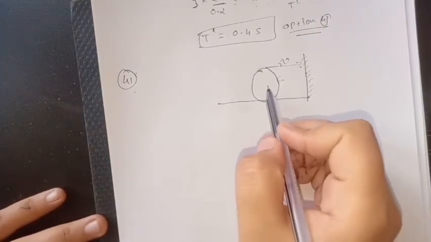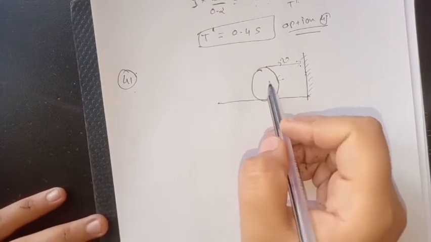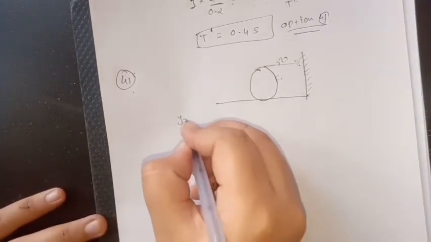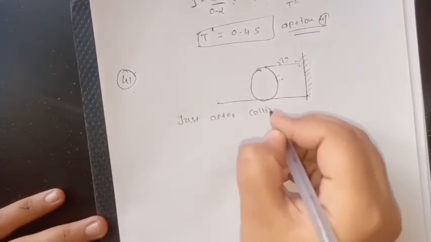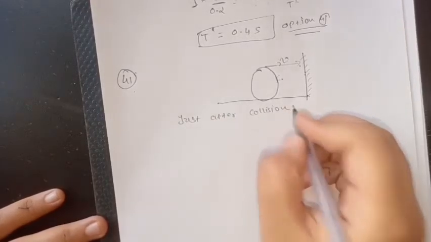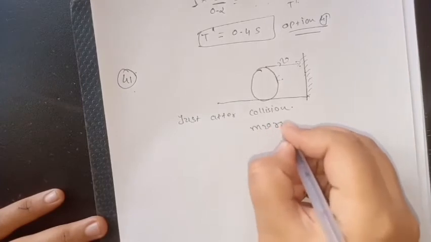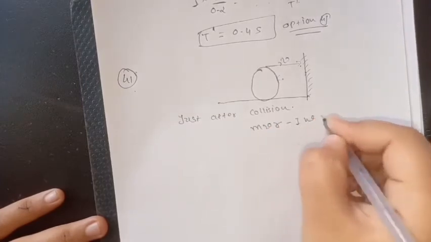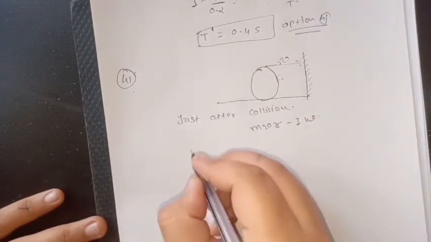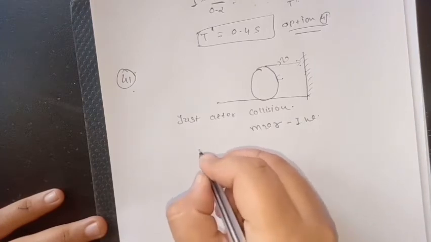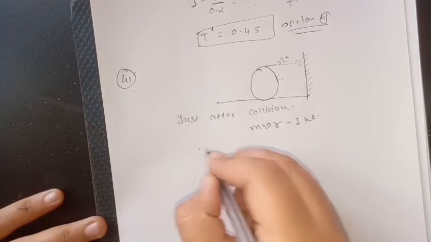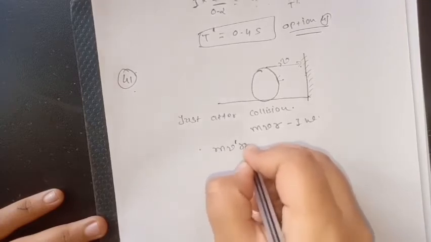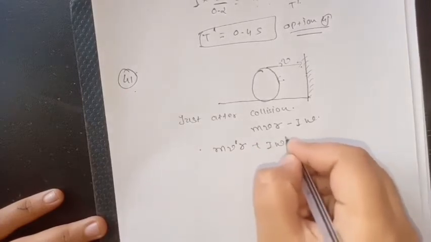So angular momentum of the system is conserved. The angular momentum just before collision can be written as mvr minus I omega. And the angular momentum sometime after collision can be written as m v dash r plus I omega dash.